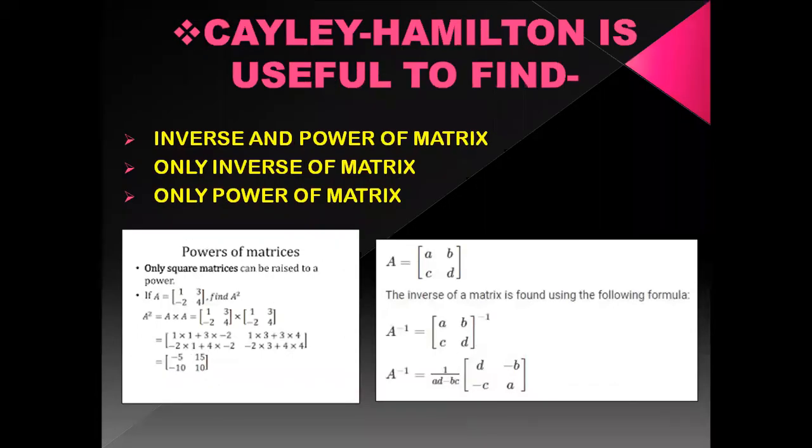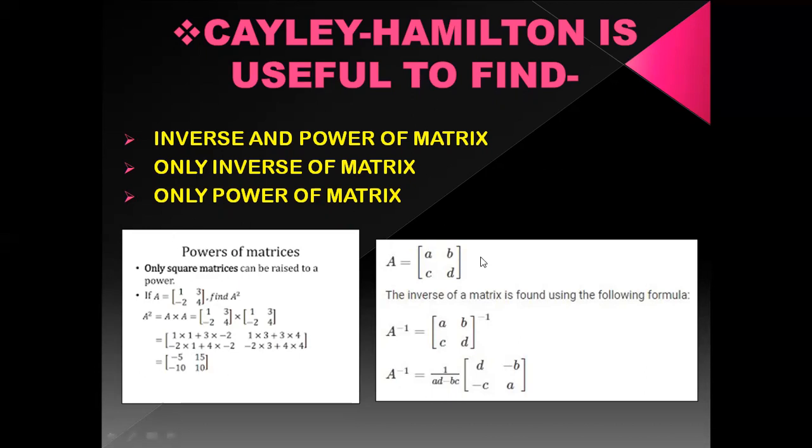Coming to the next slide, it's a very interesting topic. You all wonder where the Cayley-Hamilton theorem is useful, and what it is useful to find. So let's get on to this. The Cayley-Hamilton theorem is useful to find the inverse and power of a matrix.